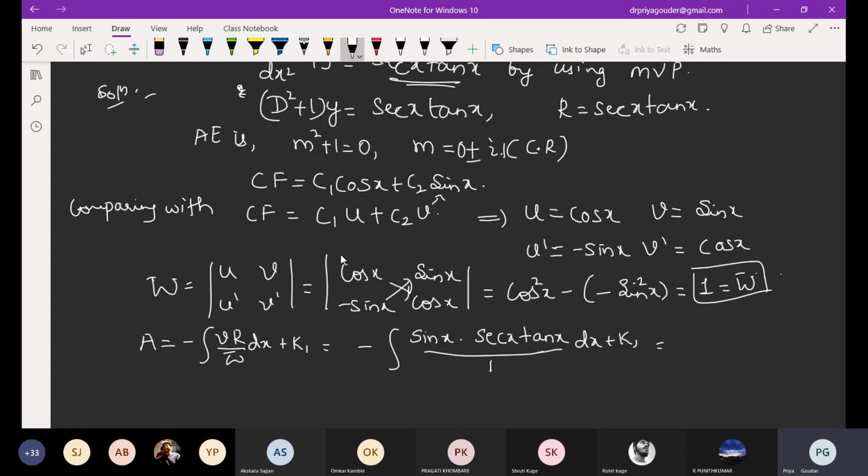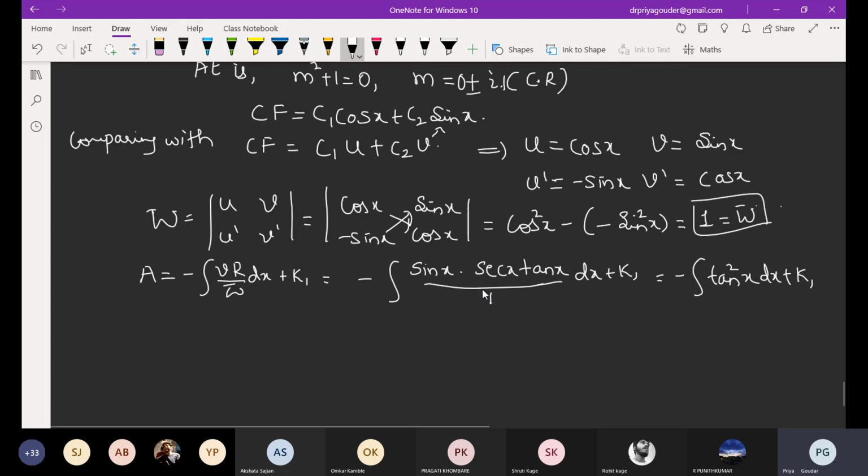Okay, let us simplify this. Secant means 1 by cos, no? What is sin by cos then? Tan. Tan into tan? Tan square. Actually, no terms will get cancelled, so I did not convert it in terms of sin and cos. We just simplified it as tan.